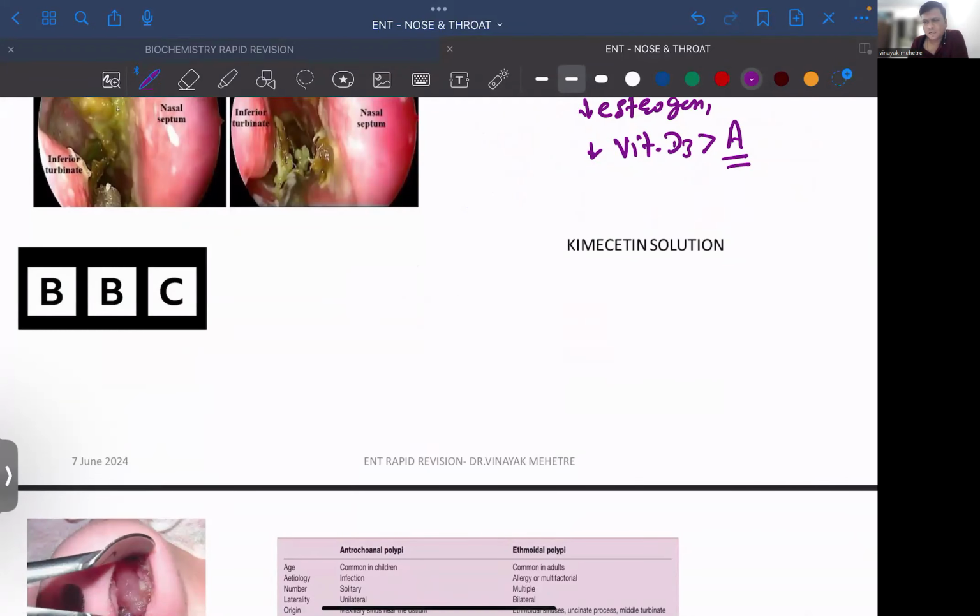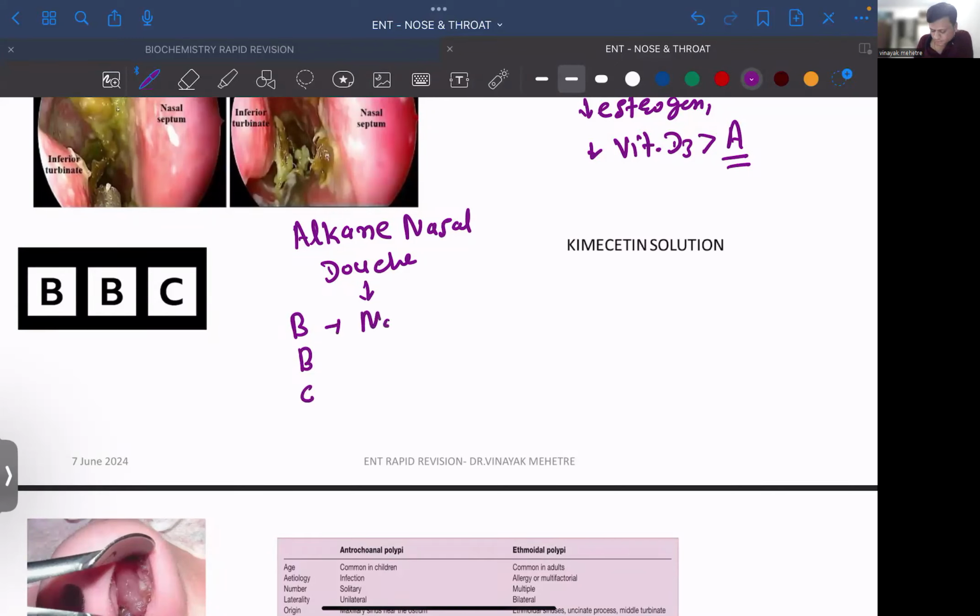What do we do for the treatment? We will wash this nose with what? Young female, right? She loves this.